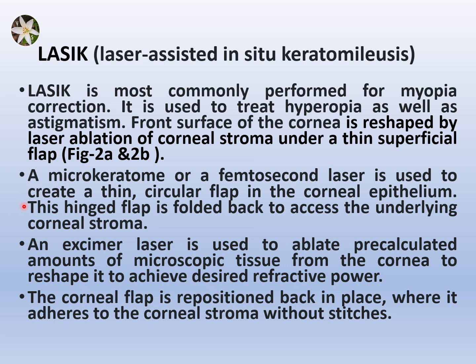This hinged flap is folded back to access the underlying corneal stroma. An excimer laser is used to ablate pre-calculated amounts of microscopic tissue from the cornea to reshape it to achieve the desired refractive power. The corneal flap is repositioned back in place where it adheres to the corneal stroma without stitches.